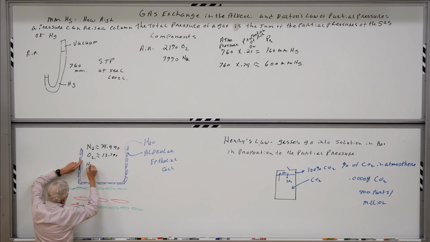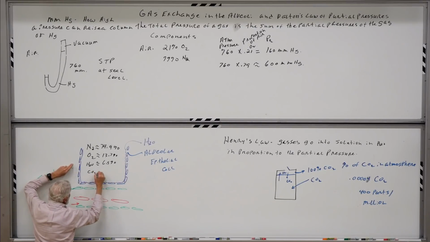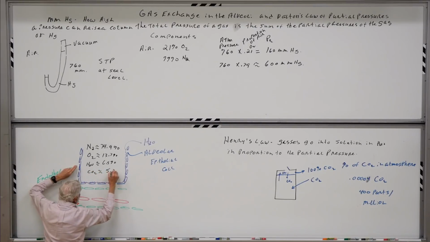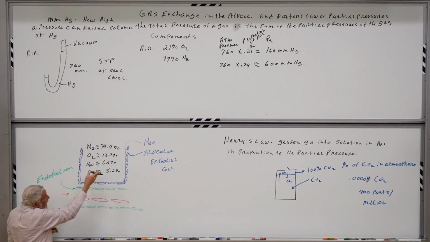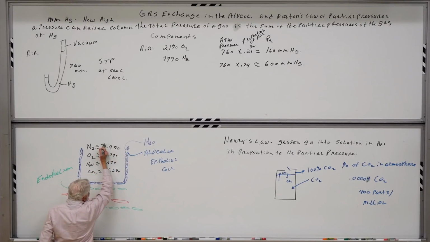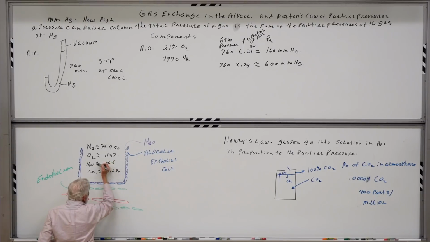The water vapor, H2O, is in the neighborhood of around 6.5%. And CO2 is in the neighborhood of about 5.2%. Well, if you change these numbers over to decimals, you have 0.137, 0.065, 0.052.